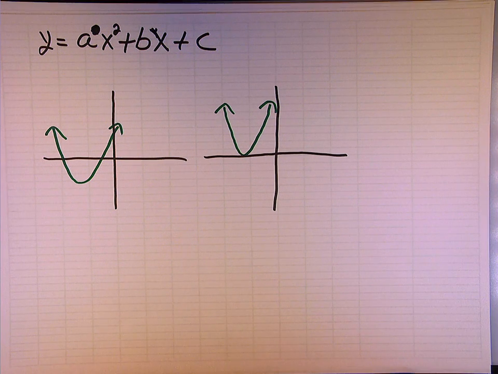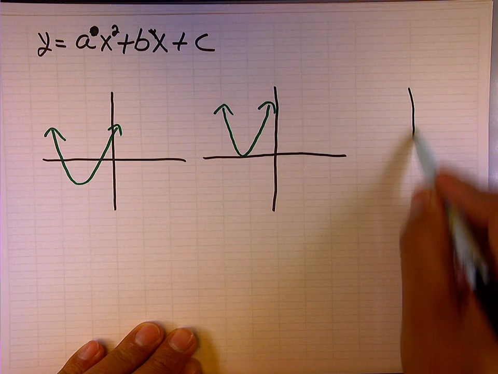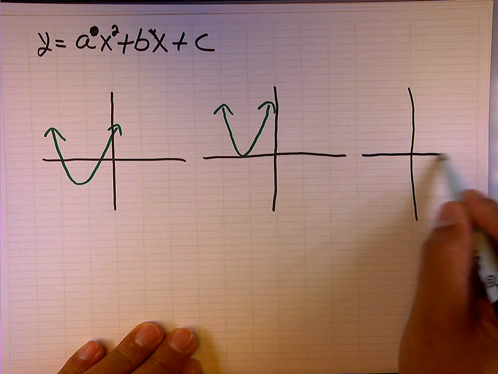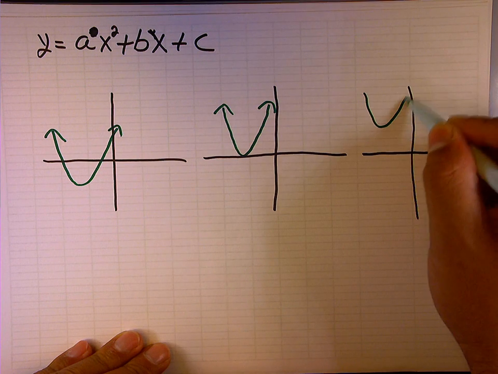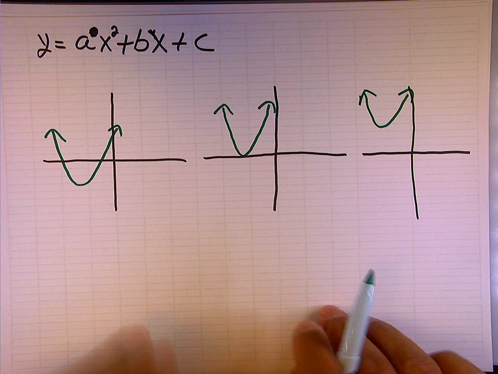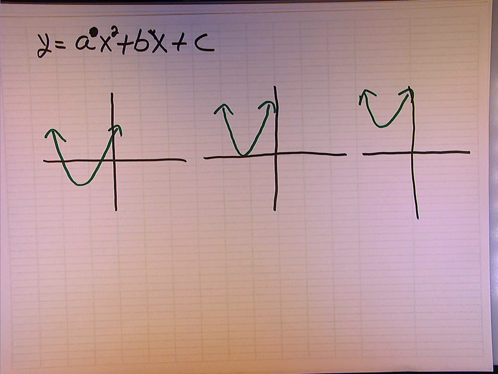Some parabolas do not cross the x-axis at all. Everyone good with this? I'd like to talk about all 3 of those situations.